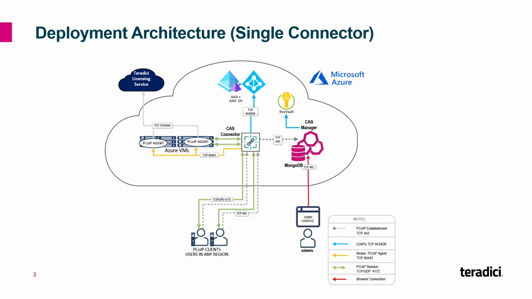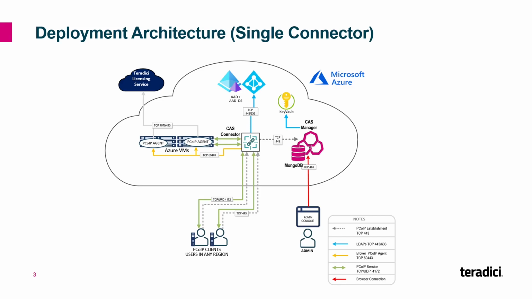The architecture itself isn't too different from existing single connected deployments, with the main difference being that it connects to an AADDS instead of a domain controller. The AADDS also provides DNS servers which can be configured, and other than that, everything else should be relatively familiar, with the PC over IP clients sending HTTPS requests to the connector and then establishing a PC over IP connection with the workstation.